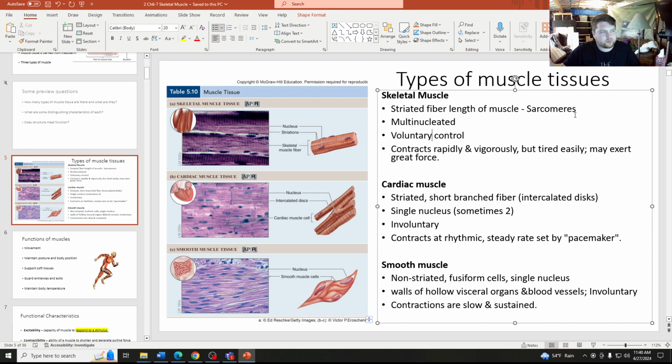Think about when you start sprinting: very quickly your muscles get tired, you can feel them exhaust, and you slow down. But they can also develop and exert a lot of force, and we'll get into exactly how they do that when we talk about different muscle types.